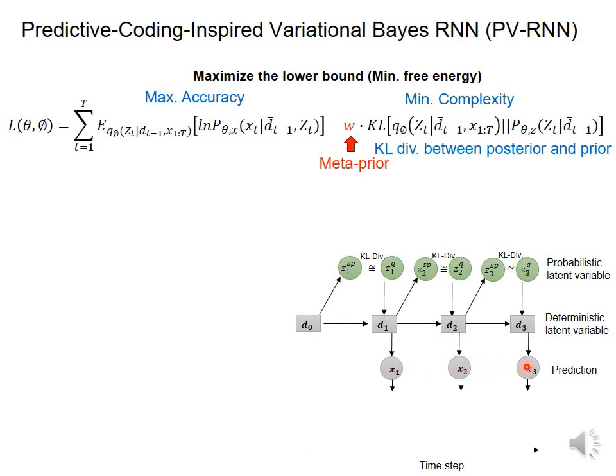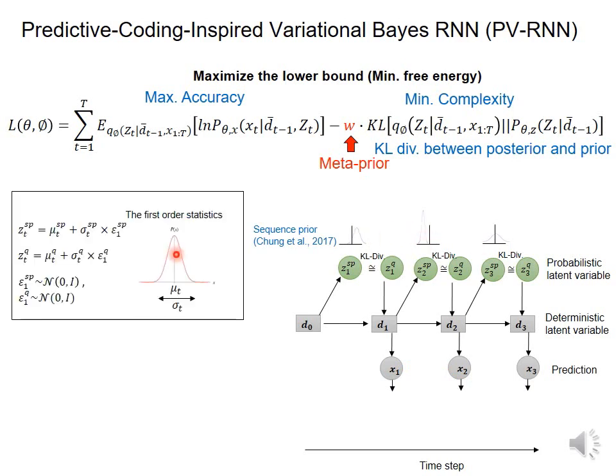So using both the probabilistic latent variable and the deterministic latent variable, the predicted sensory sequence is generated. The prior is represented by a Gaussian distribution for each step, specifically by the mean and sigma.